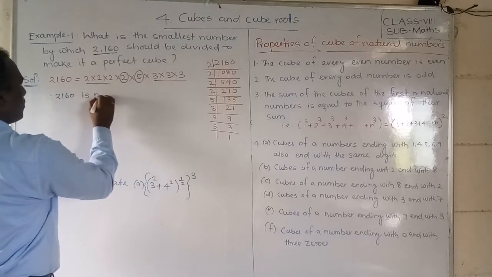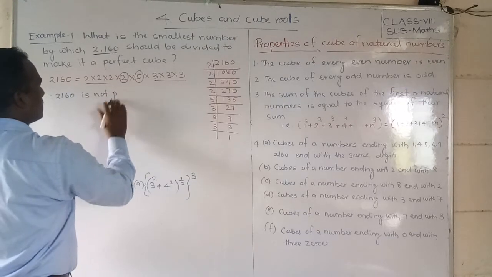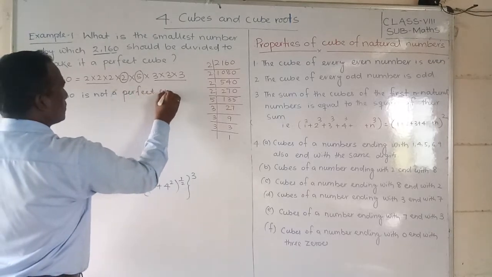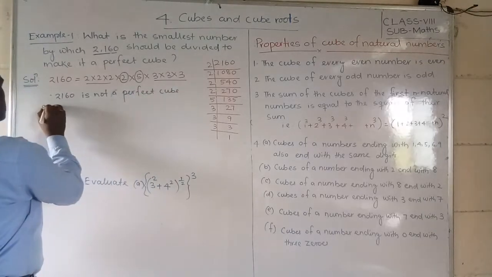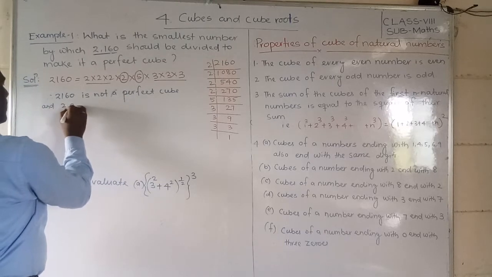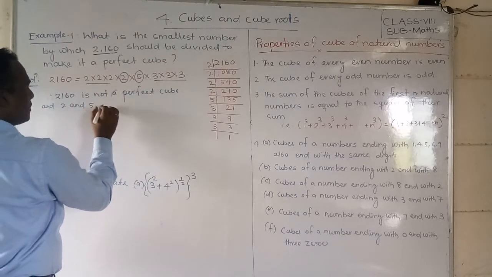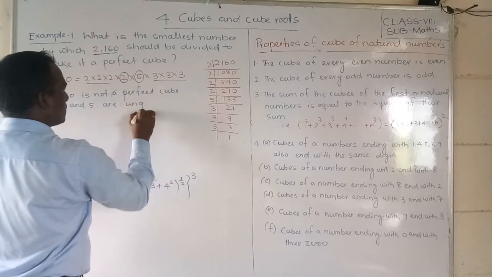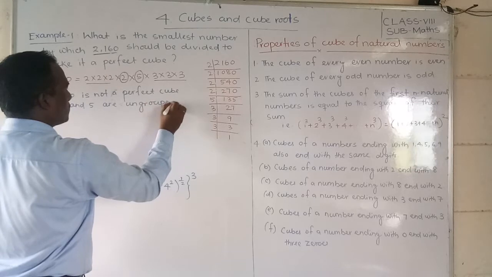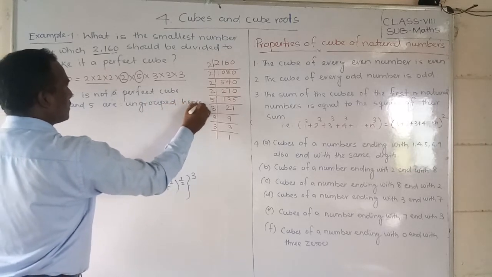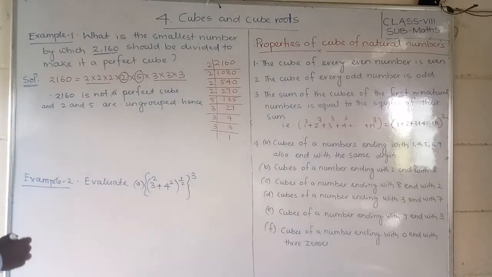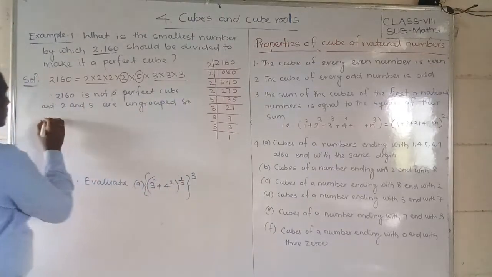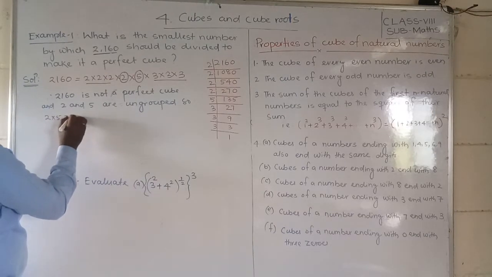2160 is not a perfect cube, and 2 and 5 are ungrouped. Hence, 2 into 5 is equal to 10.